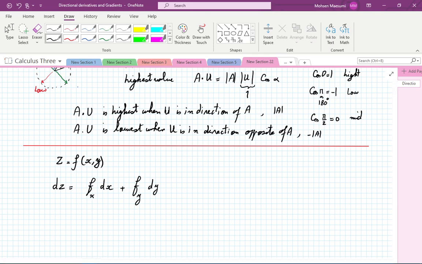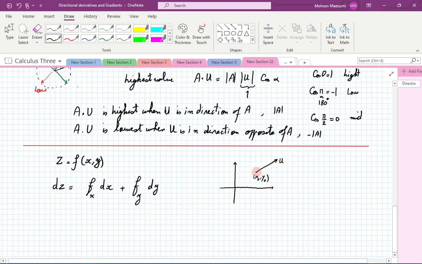Okay, now let's take a look at the situation we are in. Suppose I am at some location, let's call it (x0, y0), and I'm traveling in a certain direction u.